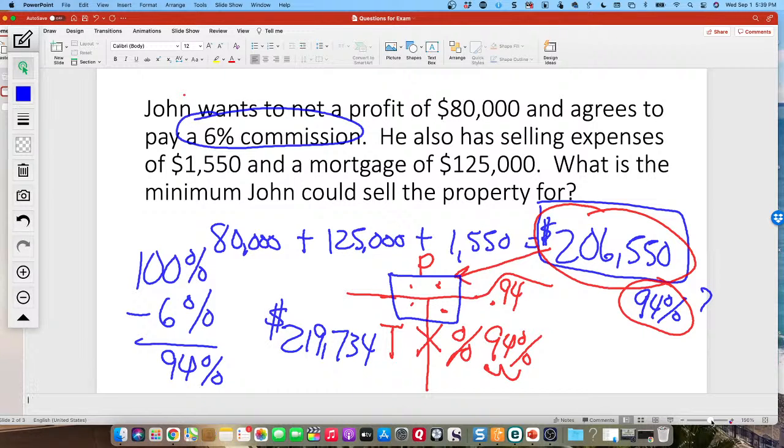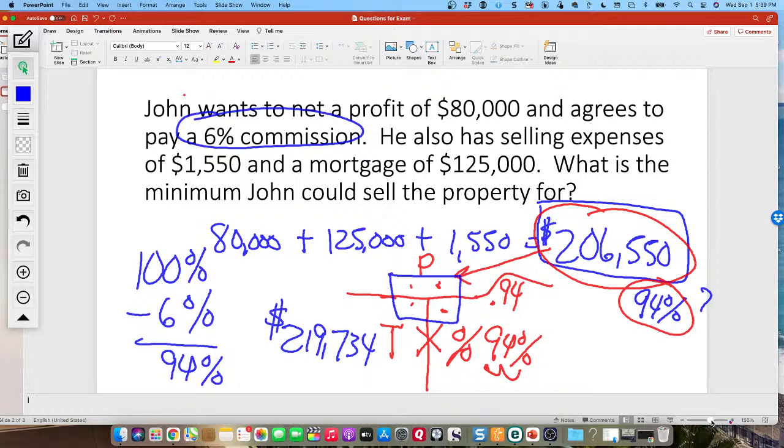But again, back to this problem, you're going to see some seller net problems like this, and it's very easy to just add up all the expenses first, get your total, and then take your 100%, subtract the commission rate. You're probably only going to see a 5, 6, or 7% in the problems on the exam, so you're always going to be at 0.94, 0.95, 0.93.